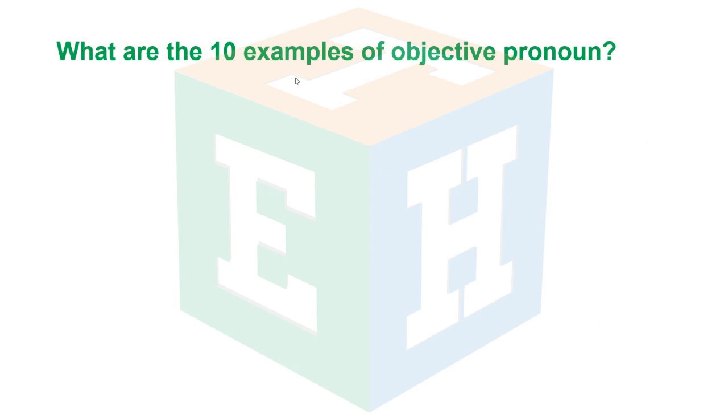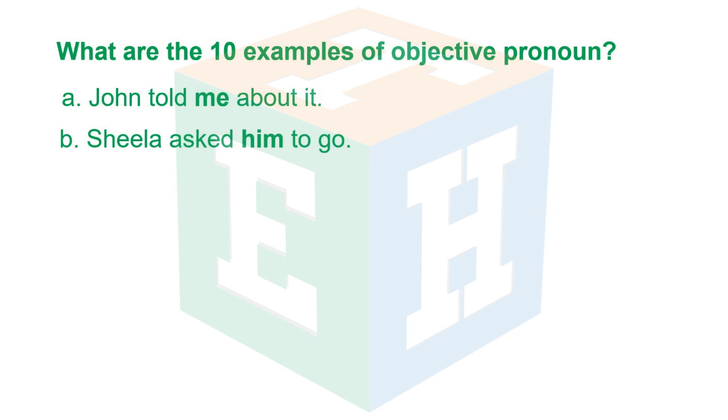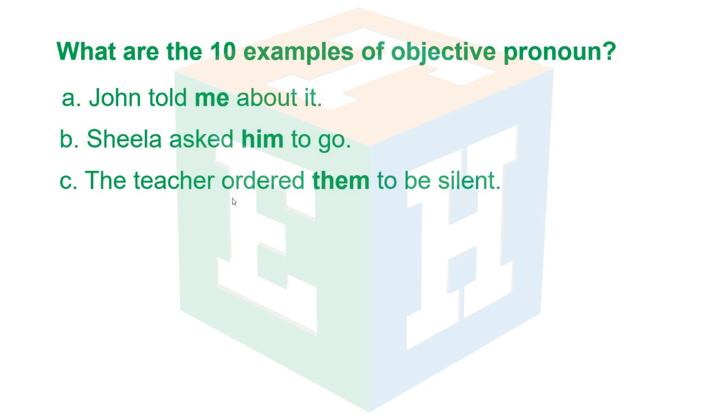What are the 10 examples of objective pronoun? A. John told me about it. B. Sheila asked him to go. C. The teacher ordered them to be silent.